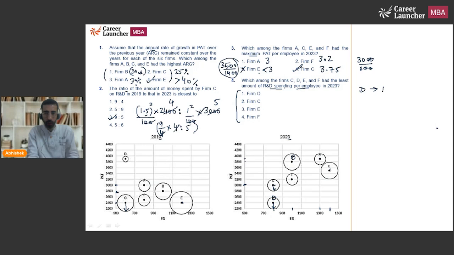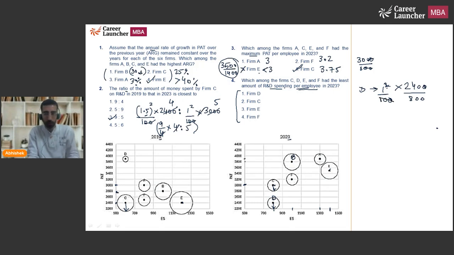So 1 square upon 100, 1%, right? 1 square is 1% of the PAT, which is 2400, upon the number of employees per employee. So number of employees is 800. Look, I will ignore the 100 because again, this 100 is going to come up in every case.